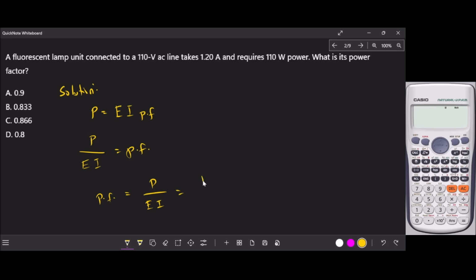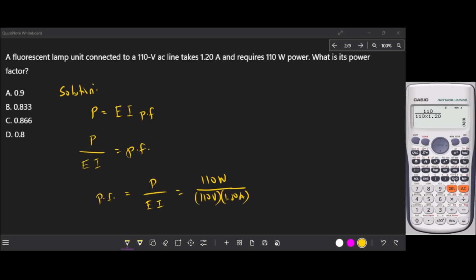So our power is 110 watts, so divide that one by 110 volts times 1.20 amperes. Okay, so now using our calculator, we have 110 divide 110 times 1.20 amperes. So we have 5 over 6.